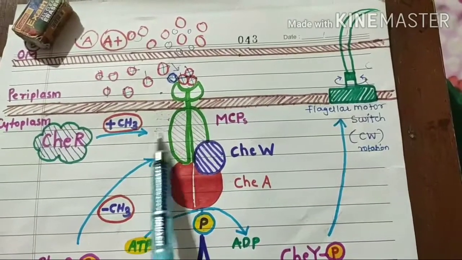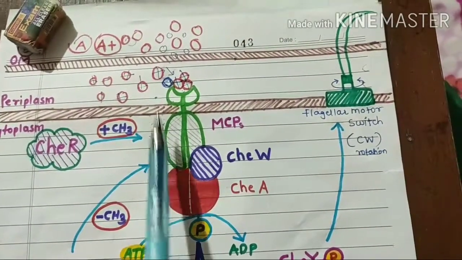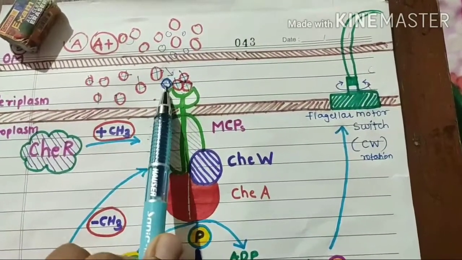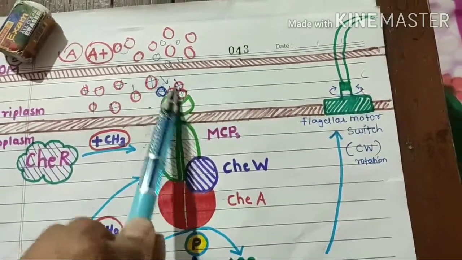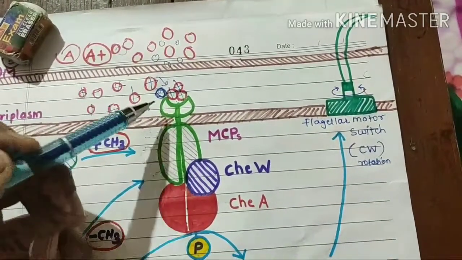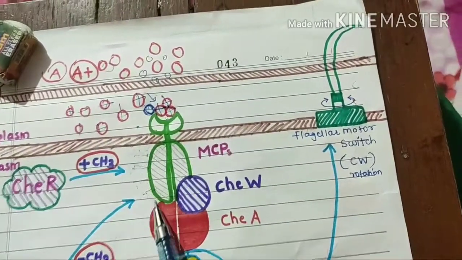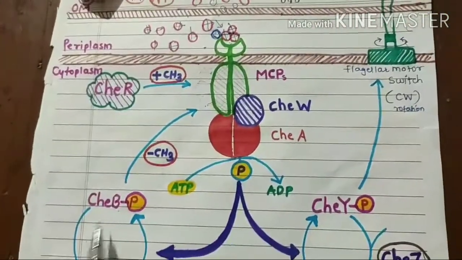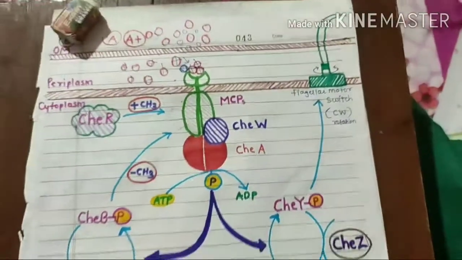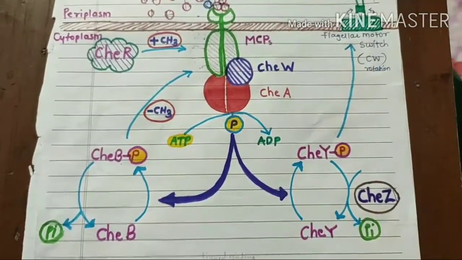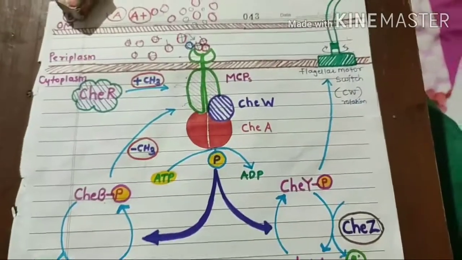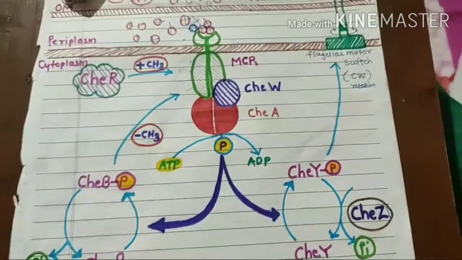So it removes all the methyl groups, so that when the cell enters the lower concentration, all these will be removed, so a new molecule will come and it can bind because it is non-methylated now. So the role of CheB is very important. So I hope it is clear till this point, how chemotaxis occurs, how the adaptation phenomenon occurs.